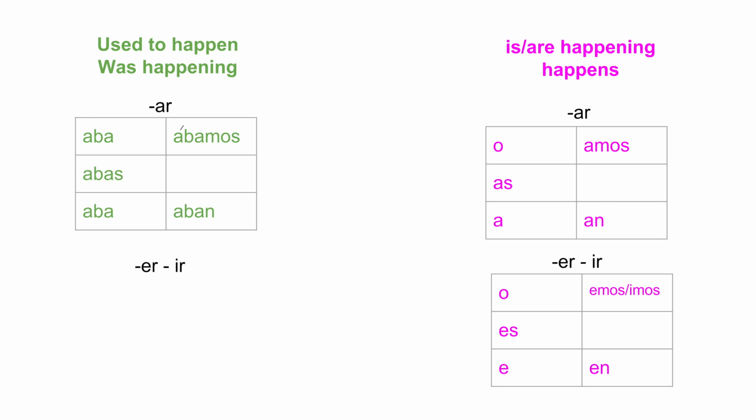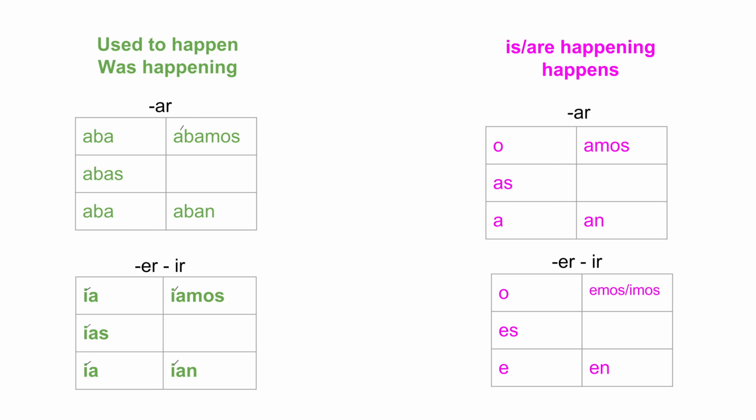But it's a very easy set of endings to learn, because once you learn aba, just add an S, add an N, add a mos, and you have the AR endings. So it's very repetitive and it's very easy to learn. Okay, so color code that green just so you start seeing aba, abas, aba, abamos, aban in green.